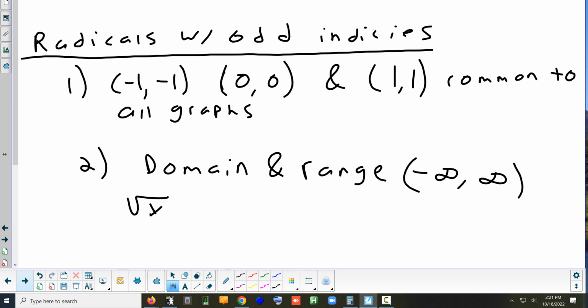If you do something like this, well, now you've messed up the points they share, because this is not the basic case anymore. This is a square root that's been shifted up 2 units. So if you start playing around with shifting the graph up, down, left, and right, you're going to shift all these points to other spots. But I'm saying if you don't do any of that, those are the points that are common.